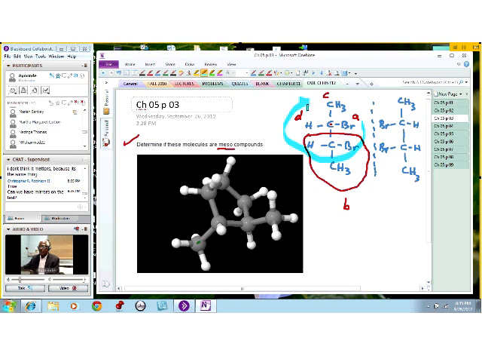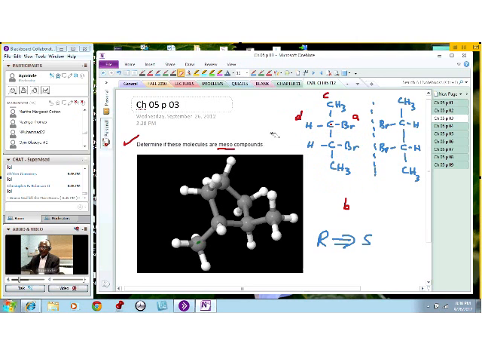And that motion is a clockwise motion, which you will say that the absolute configuration should be R. However, because this hydrogen here, the group of lowest priority, is coming at us, in other words, it is in the horizontal position of a Fisher projection, meaning that it is coming at us, this R therefore becomes S.